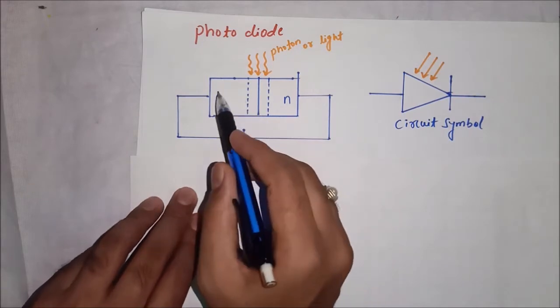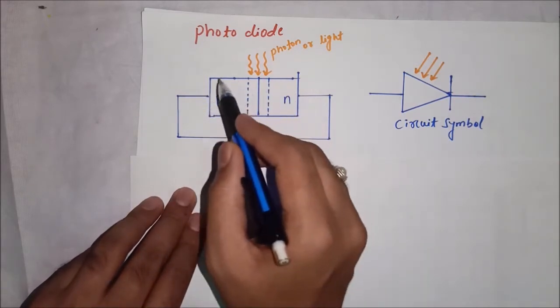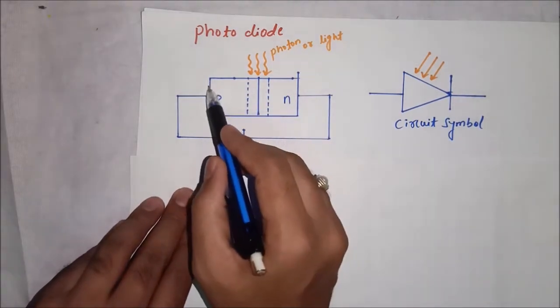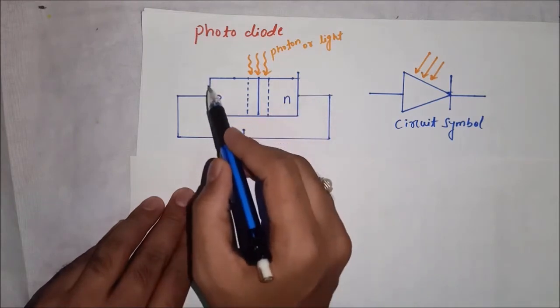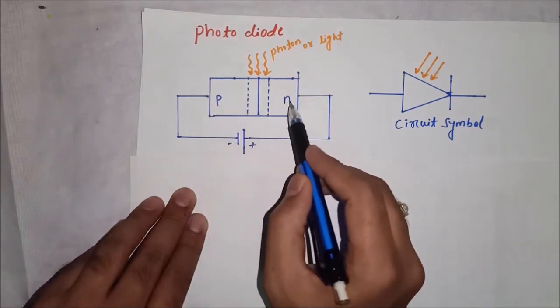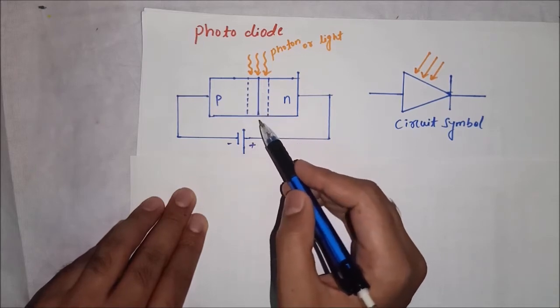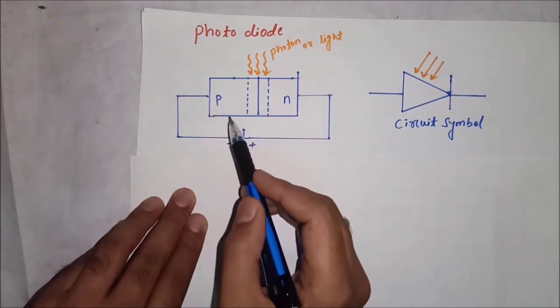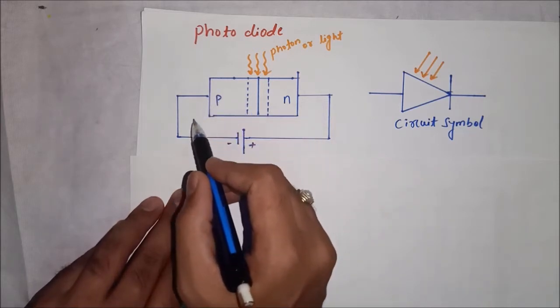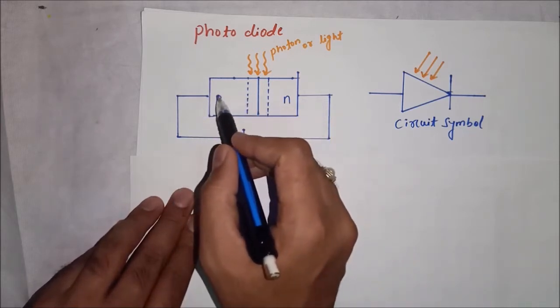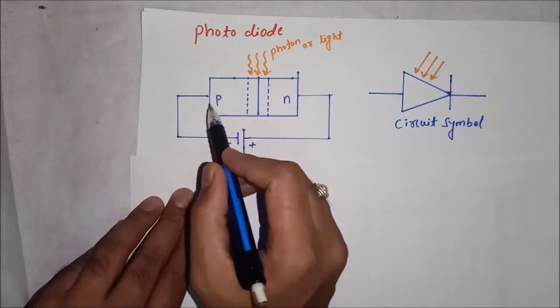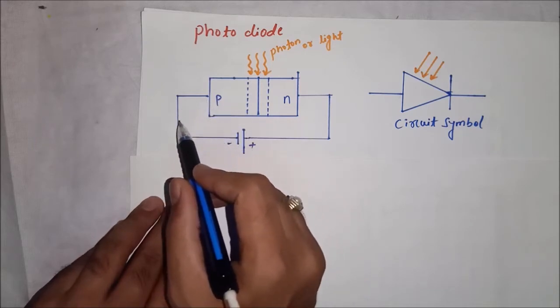And here the circuit diagram, you can see the photodiode. This is just a diode, P side and N side, and this layer is called as depletion layer. And this diode is said to be photodiode. We have to connect it in reverse bias.